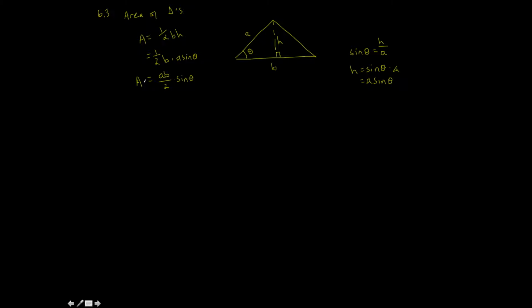So for instance, if we have this triangle here, if we say that this is 35 degrees and we know this side is 8 meters and this side is 5 meters.